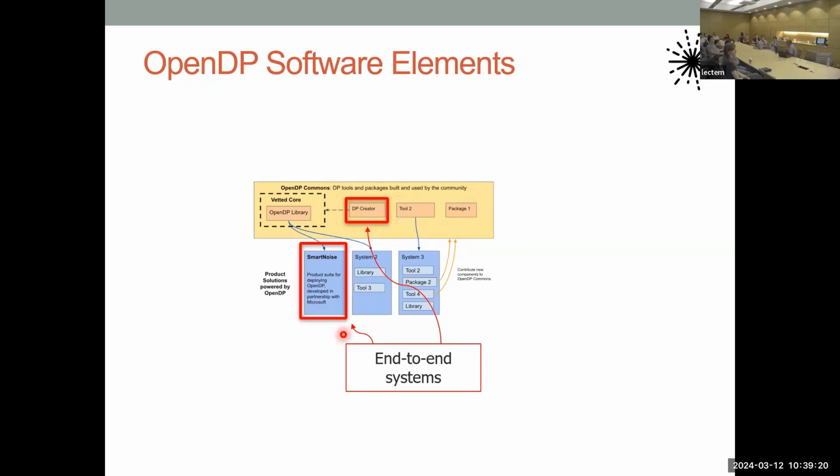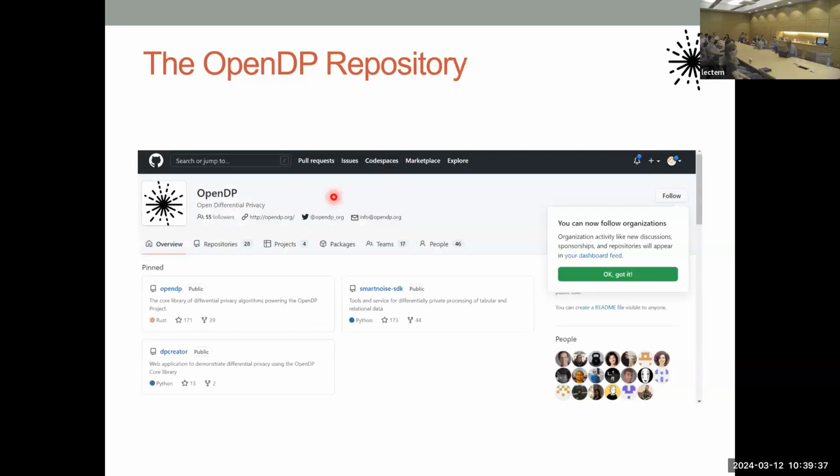That's outside the Commons. That's something that Microsoft, together with us, the core team, is responsible for managing. And there's another tool, a graphical user interface that we've been developing for a number of years called DP Creator, which is part of the OpenDP Commons. And you can play with both of those by going to our GitHub repository or download the source for those tools, as well as the OpenDP library.